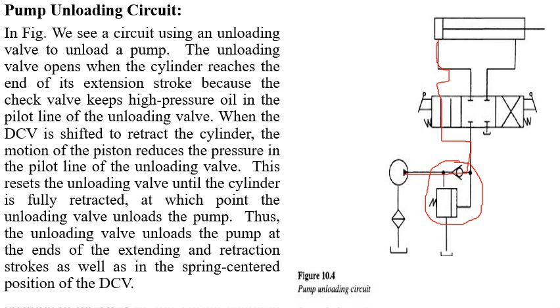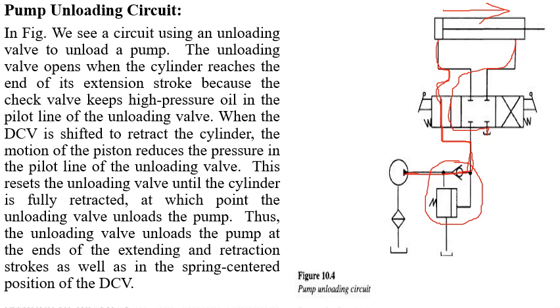Here the piston extends, and the output flow is connected towards the tank. The check valve is a unidirectional valve; it doesn't allow opposite direction flow. Once the piston reaches its extreme position during the extension stroke, the check valve keeps high pressure oil in the pilot line of the unloading valve. You can see it in the diagram.